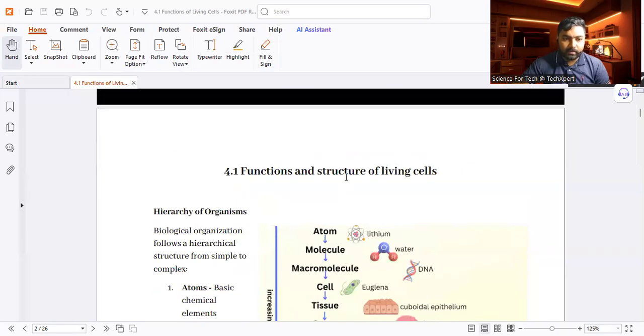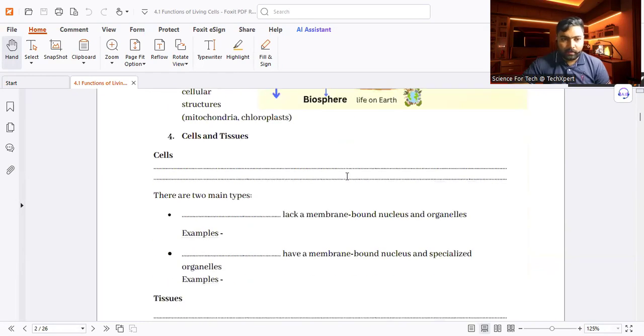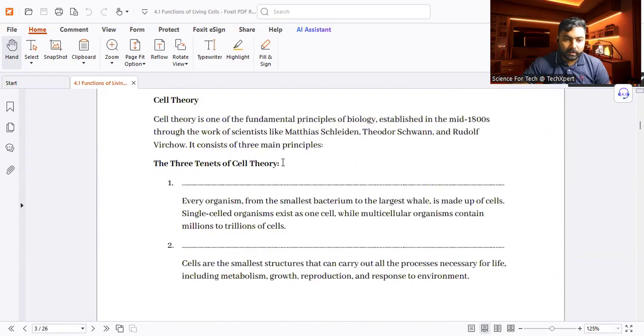Those are known as the hierarchy of organisms. Then we talked about cells and tissues: what cells are, what tissues are, the different types of tissues and cells, and how different types of tissues form. Those things we discussed last week.